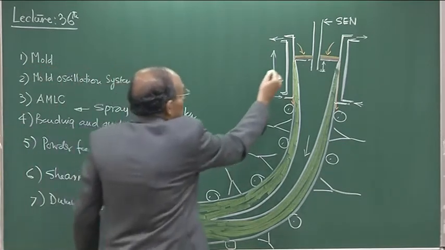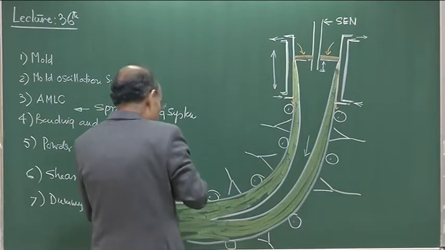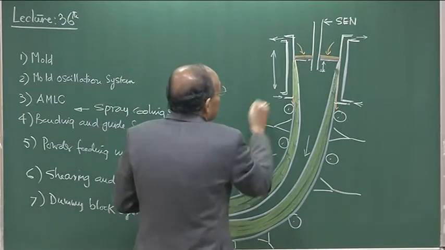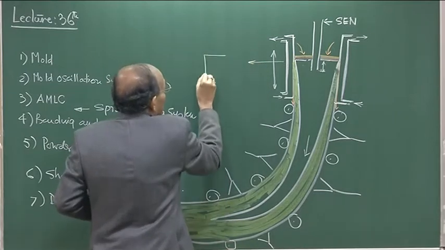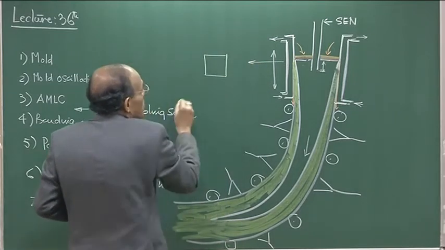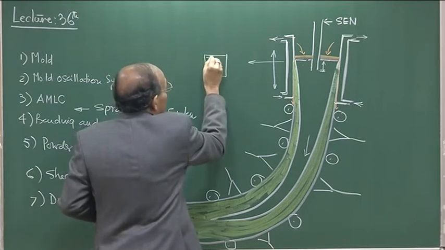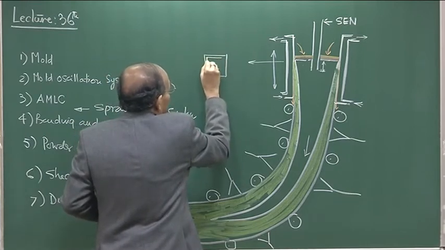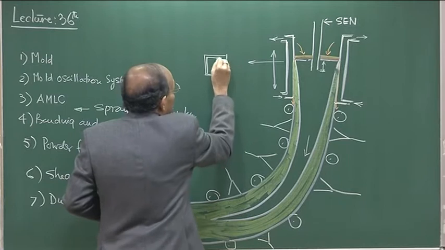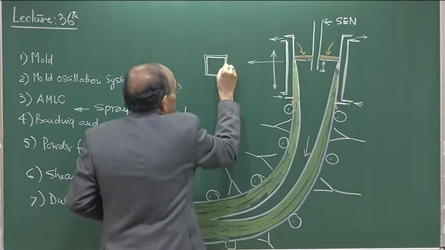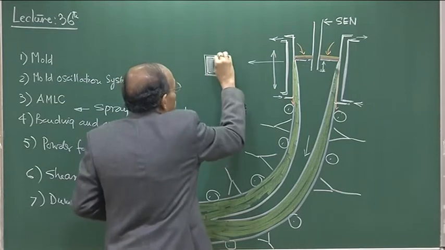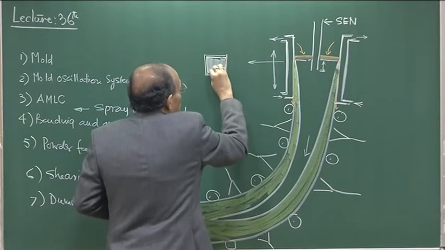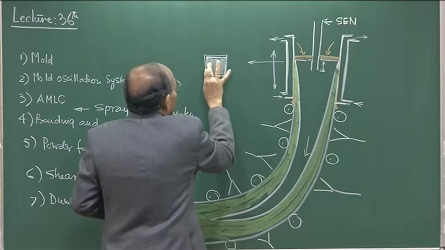So, if I take a cross section, suppose it is a rectangular cross section bloom or billet, then the cross section will look something like this. This is the mold, and this is perhaps very thin. I will not draw it like this.